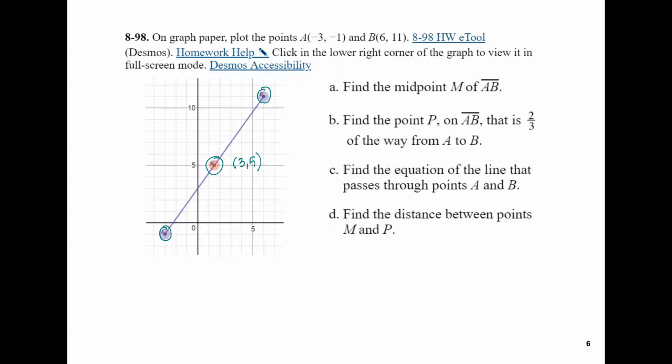A way to find the midpoint is you can add your x, so -3 plus 6, divide by 2, and you get 3. You can then do -1 plus 11, divide by 2, and that's how you can get your 5.